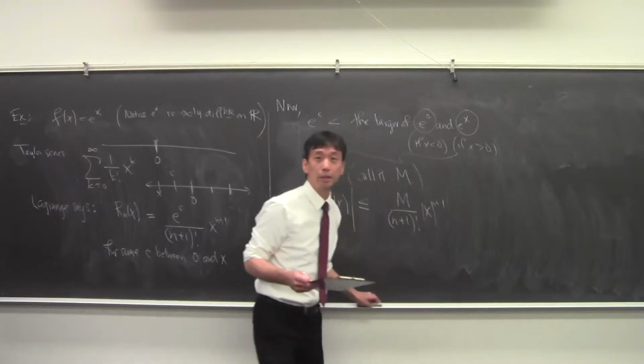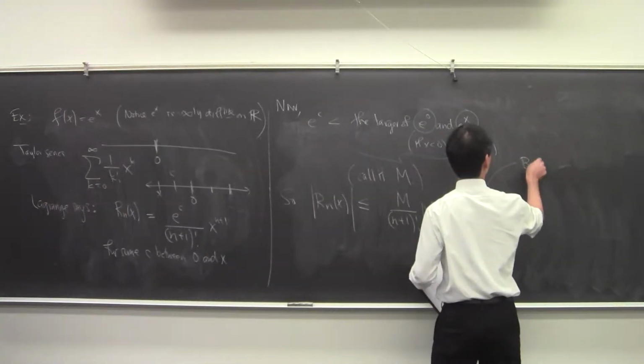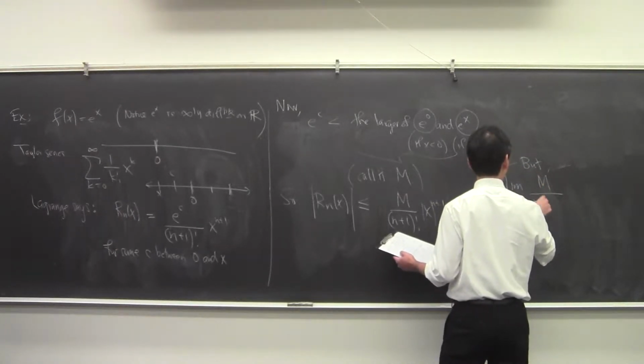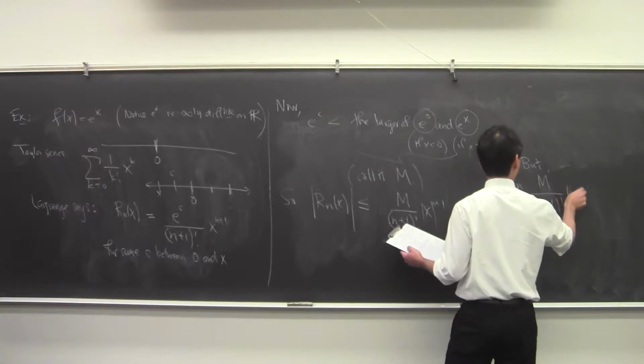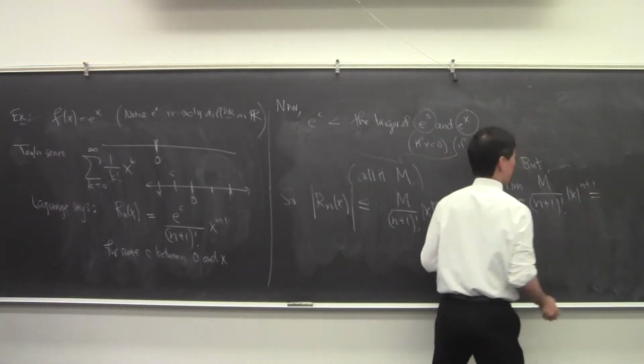But the limit of M over (n plus 1) factorial times x to the n plus 1, as n goes to infinity, is what?